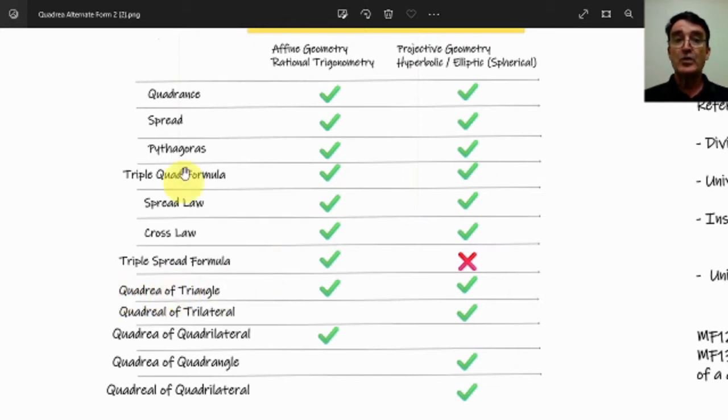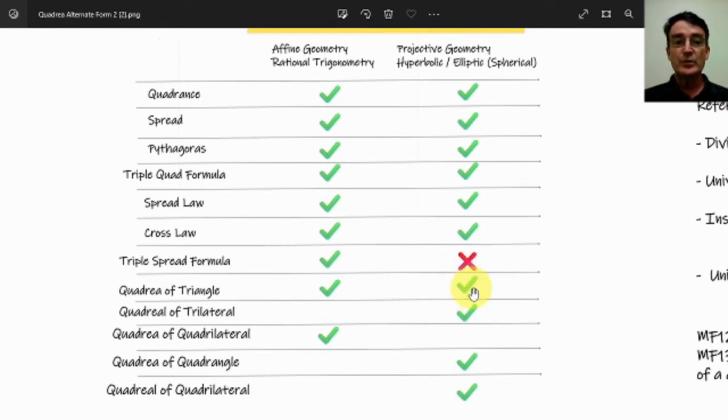The metrical quantities are quadrance and spread, and the quadria. The quadria of a triangle is similar to an area of a triangle in affine geometry, and there's a metrical quantity called the quadria of a triangle in projective geometry, and its dual, the quadrille of a trilateral. In 2D projective geometry, there's a duality between points and lines.